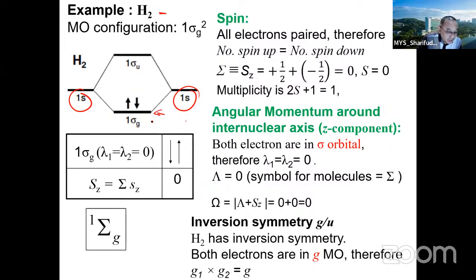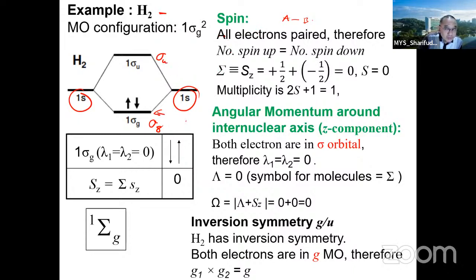The lower energy one is the bonding orbital, which is symbolized as sigma G, and the one on top is symbolized as sigma U. Again, the symbols sigma G and sigma U come from the character table, because when we talk about a diatomic molecule AB, the symmetry is D infinity h.